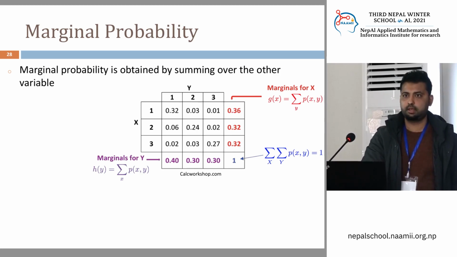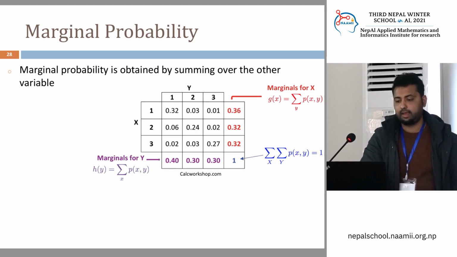Obviously, you can imagine if it were continuous, you would have to integrate. And one last thing, this is also not by chance. This sums up to 1, because this has been designed in such a way that it is normalized, meaning that it gives you a true probability of the marginal distribution of x.